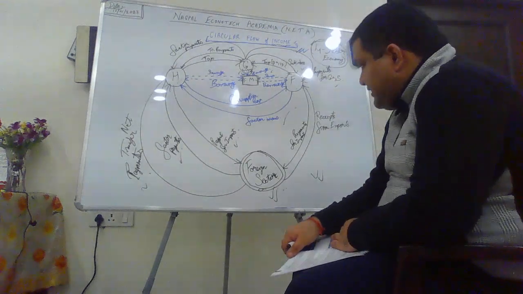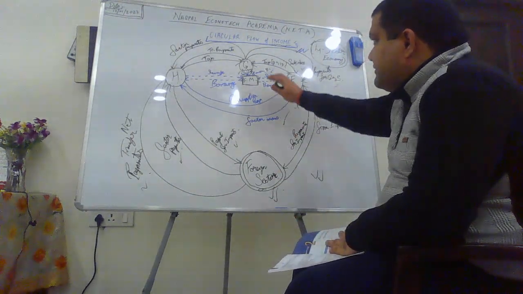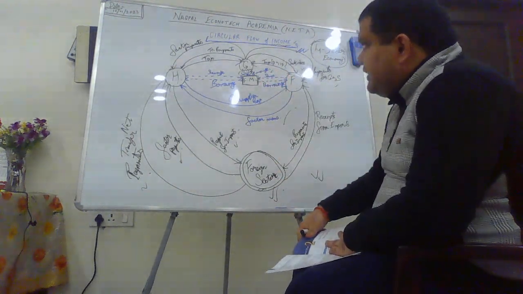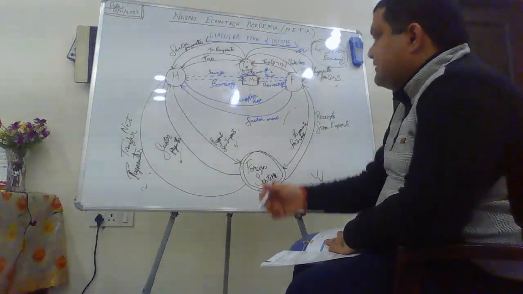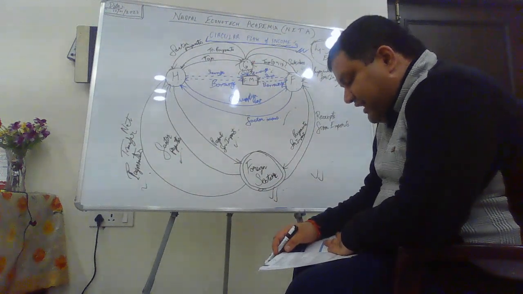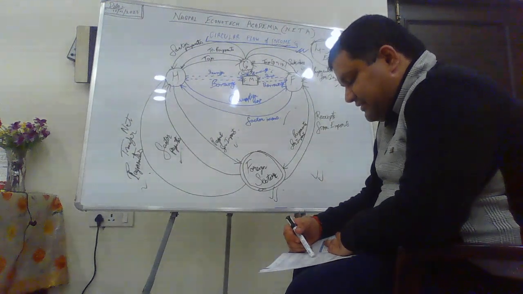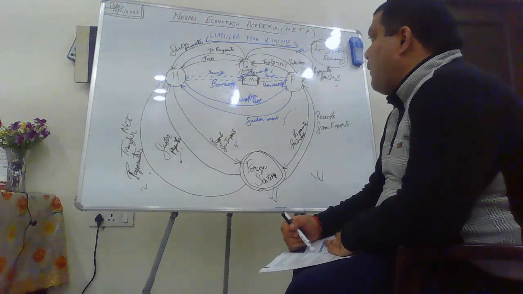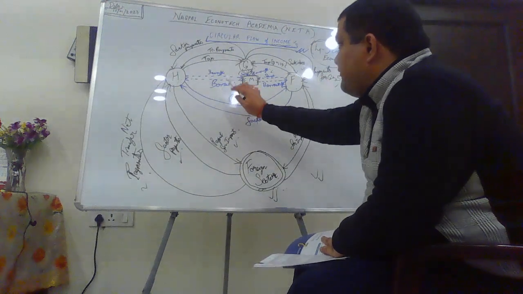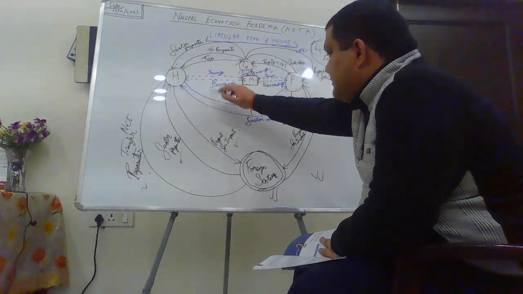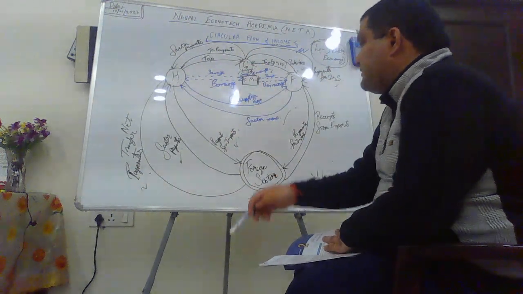Then for the three-sector economy, when there is the government sector, the leakage is savings plus taxes. And in case of the four-sector economy, the leakage is savings plus taxes plus the payment for imports.